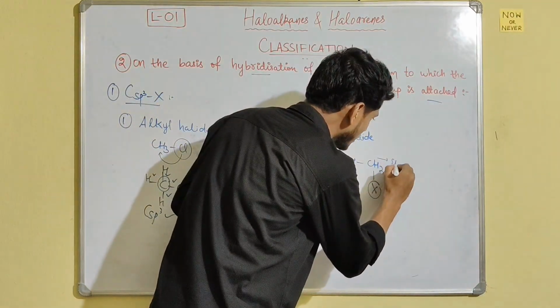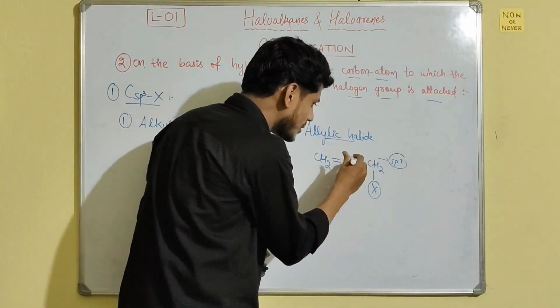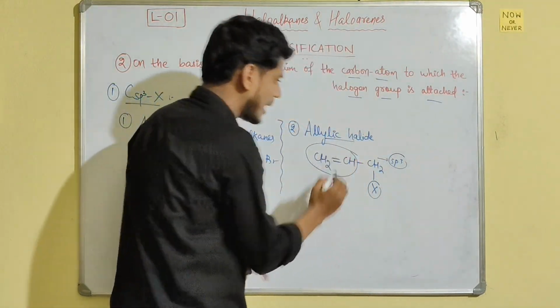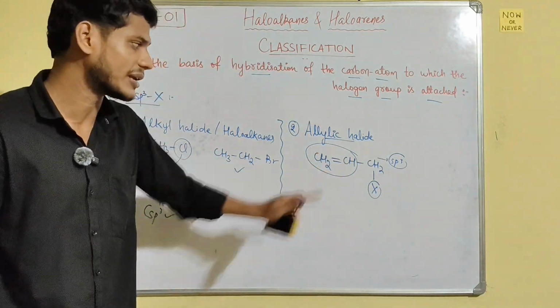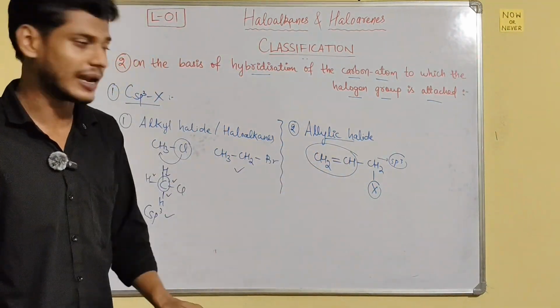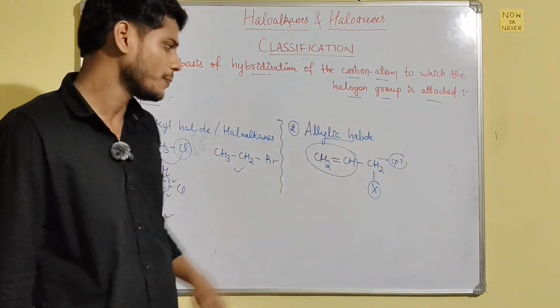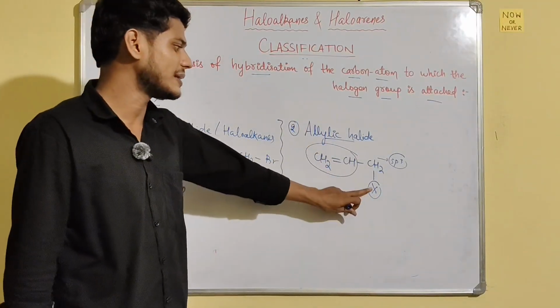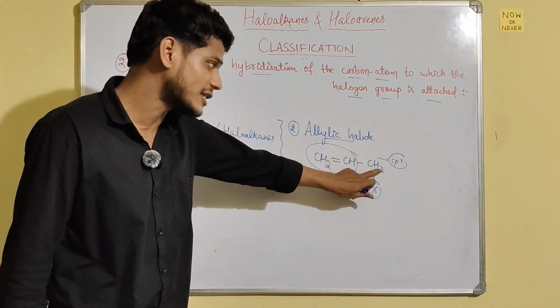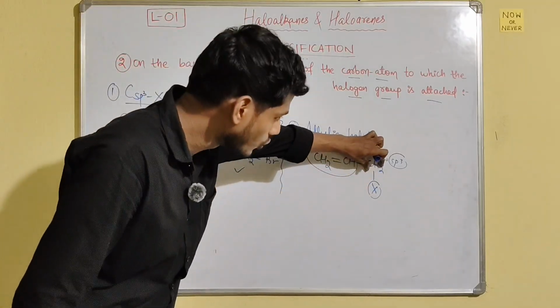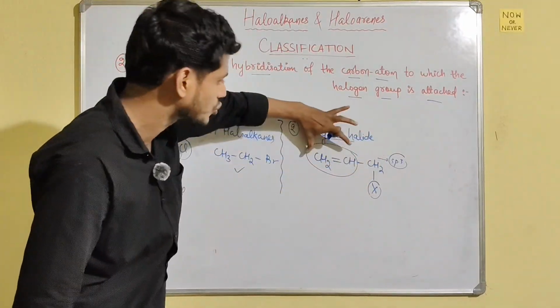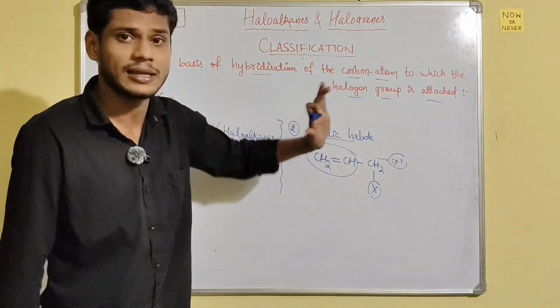This is an sp3 hybridized carbon, but this sp3 hybridized carbon is attached to a doubly bonded group, that is an alkene. That is known as allylic halide. So this carbon is referred to as the allylic carbon. Very clear? Okay. So in allylic halide, the halogen atom is attached to that sp3 hybridized carbon which is attached to an alkene or a double bonded system.